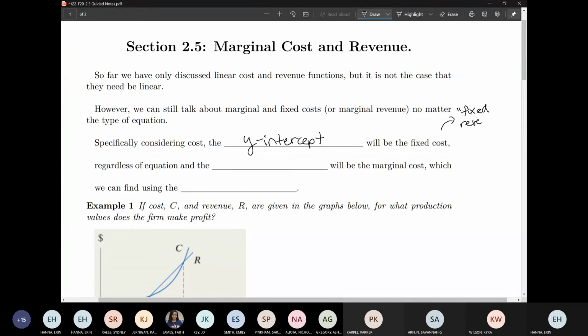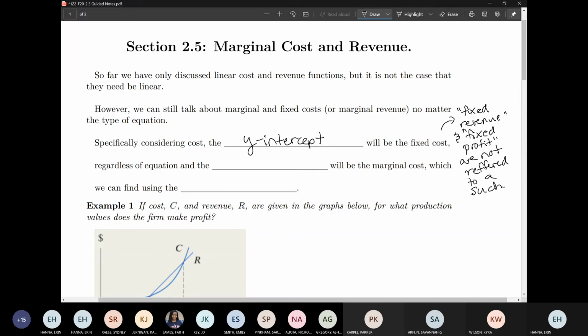Now, I specifically say considering costs because fixed revenue and fixed profit, I don't want to say they don't exist. It's just that we don't really ever refer to them as such. So technically, profit and revenue functions still do have a y-intercept, so you could say fixed revenue and fixed profit, but most people are going to look at you weird because you usually just don't use that phrasing.